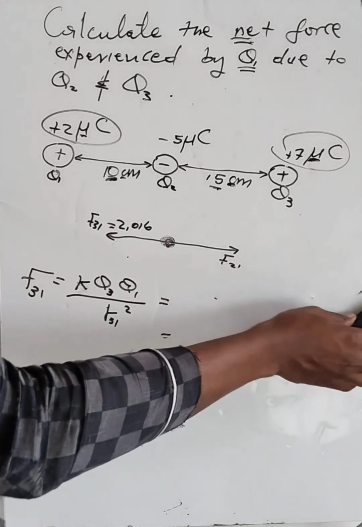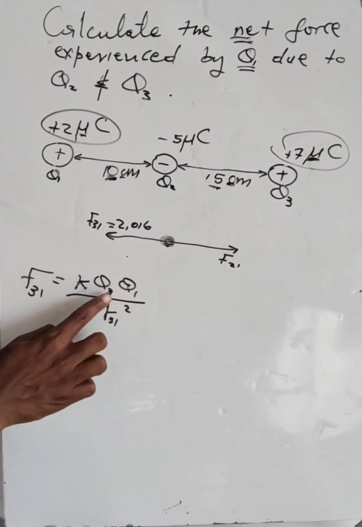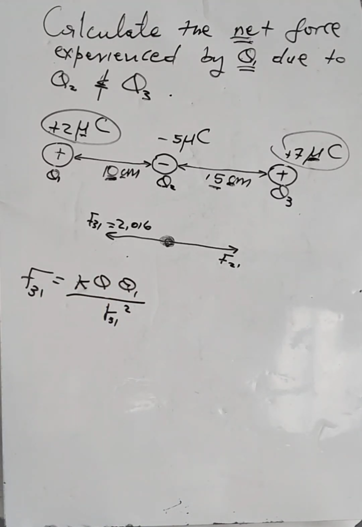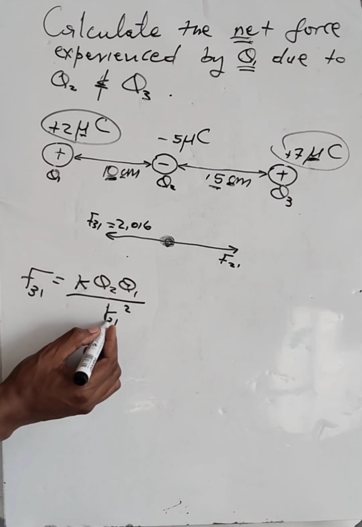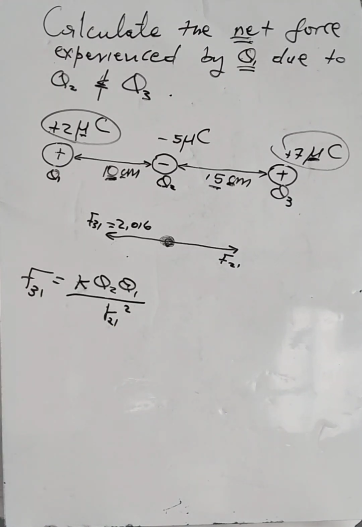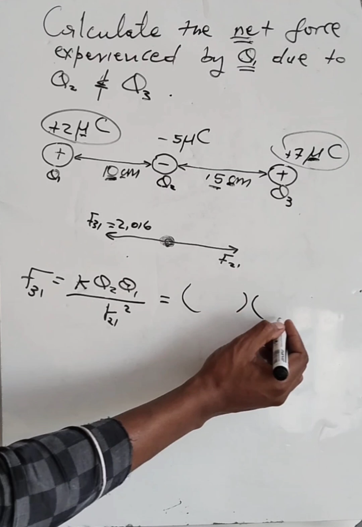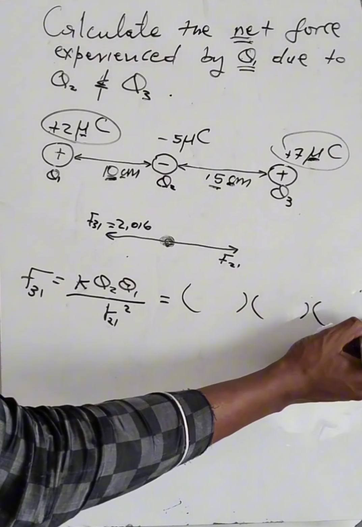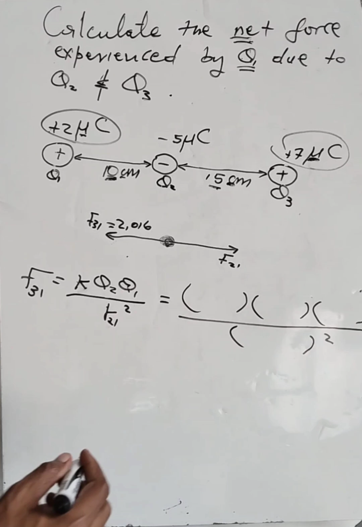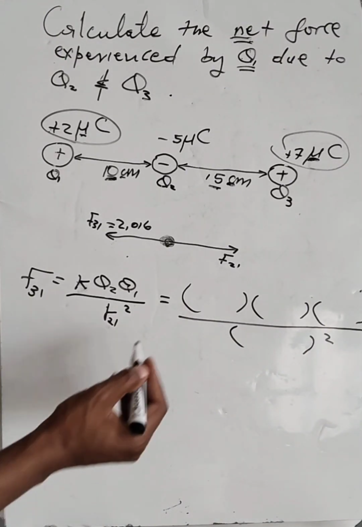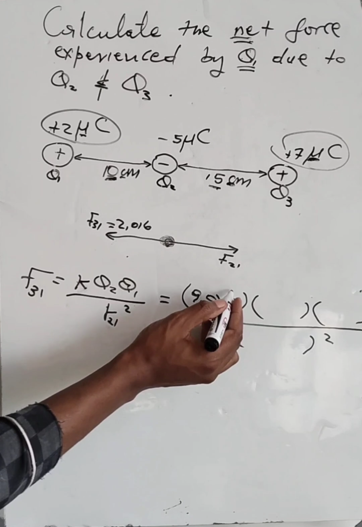Then we go to the next force, calculating the force on 1 from Q2, which means here I will have Q2, and the distance between 2 and 1. So I have K, Q2, Q1, and R squared. K is 9,0 times 10 to the power 9.